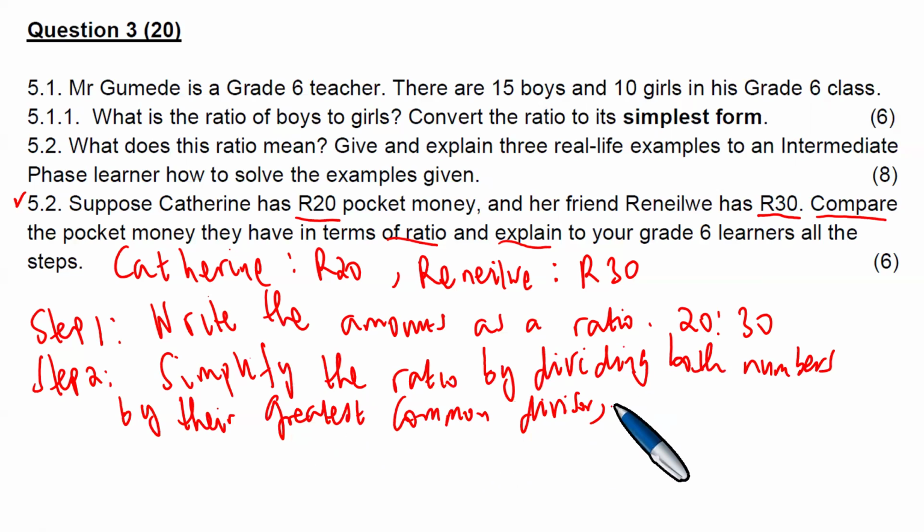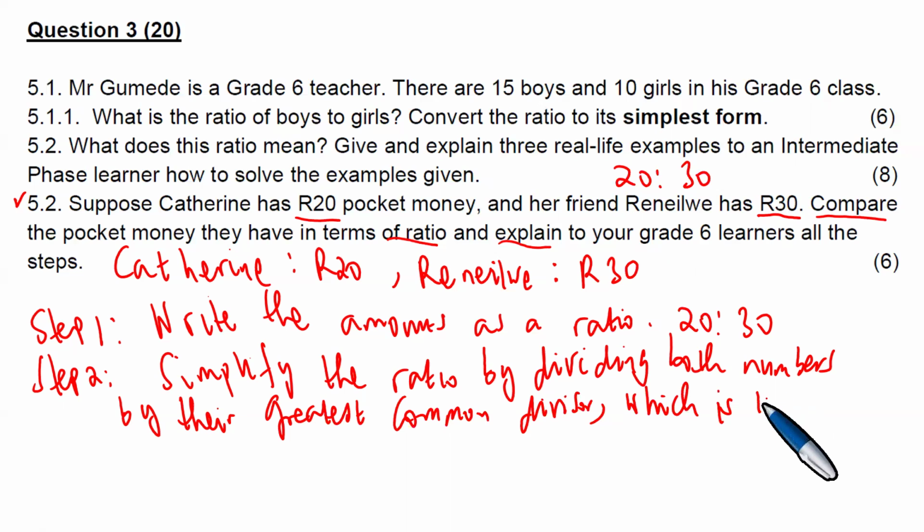Okay, so we divide both numbers by their greatest common divisor. What do you think is the greatest common divisor? The biggest one is 10. Well done. It's 10.